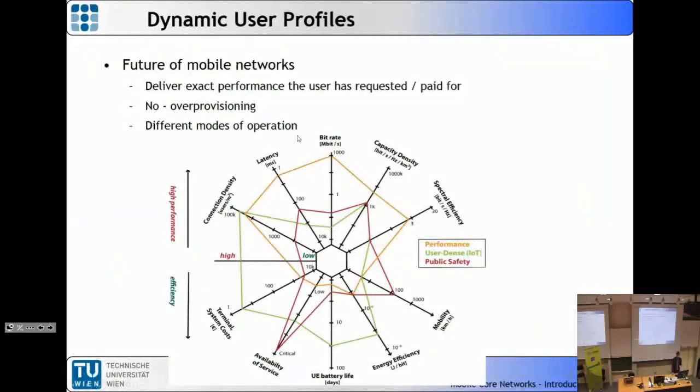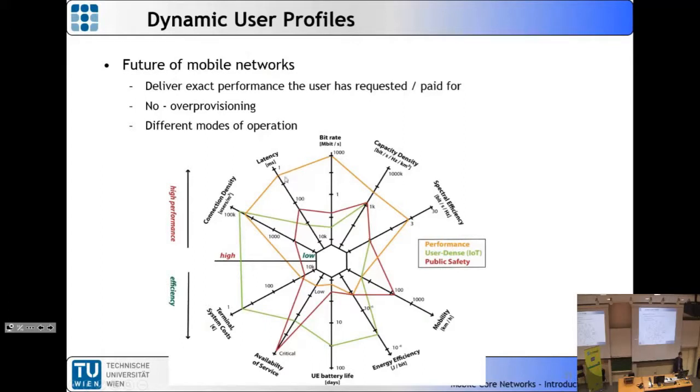What I wanted to shortly jump to is that the more we go into future networks, the more dynamic our user profiles will get. So we will start to split our user profiles into something that is high performance or efficiency.